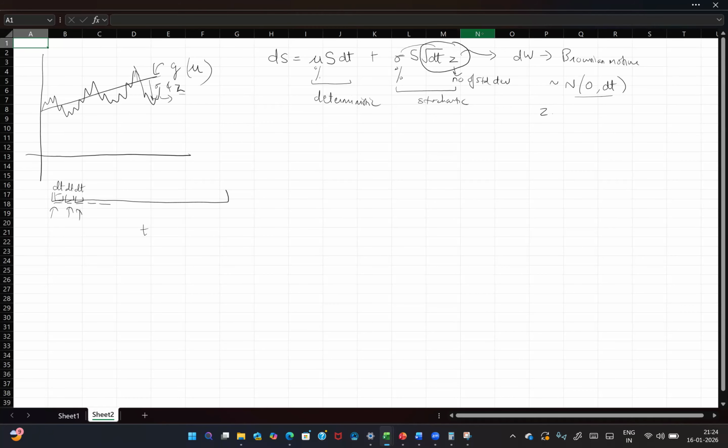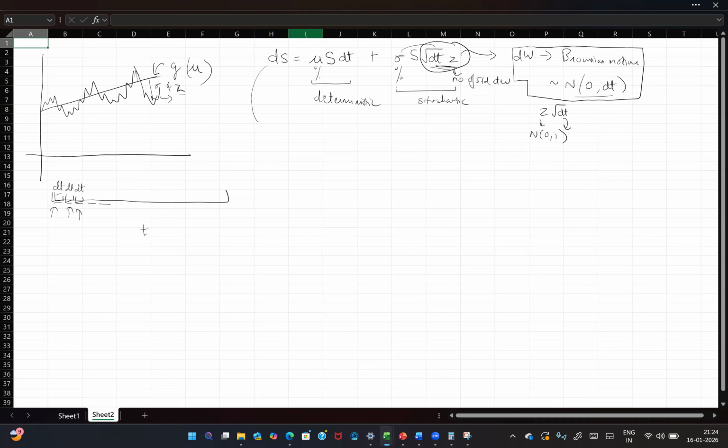Because I'm multiplying z with root dt, and z is N(0,1). So when I take root dt inside, the variance becomes dt, and the mean still remains 0. So this is the fundamental unit of randomness or stochasticity, which is very popularly used in stochastic calculus, which involves derivatives pricing. This is called Brownian motion, this z times root dt.